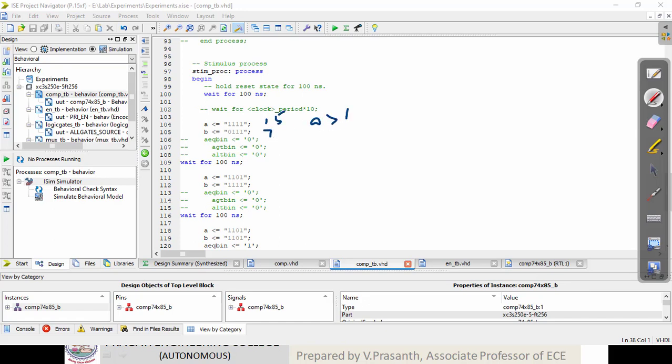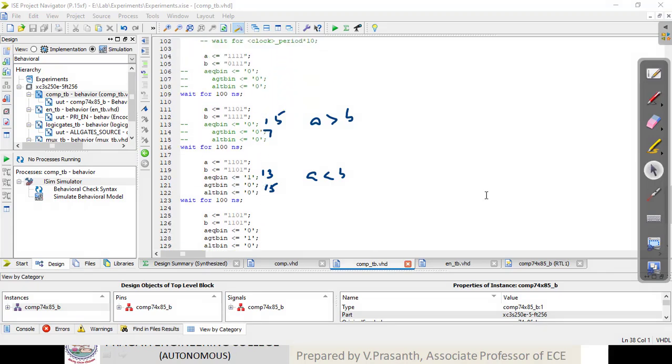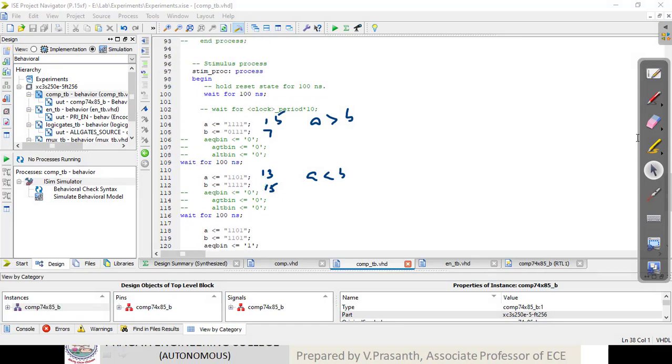So in the first instance, we should get A greater than B. In the second instance, A as 13 and B as 15, so we should get A less than B. In the third instance, both are the same, A equal to B, with the control input of A equal to 1, so obviously we should get A equal to B. I have written this for your convenience.